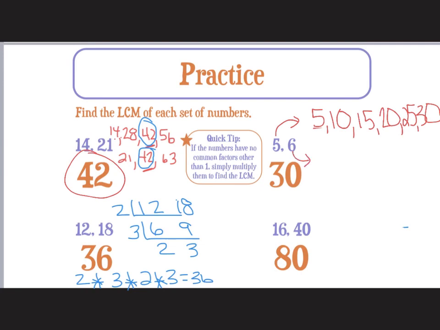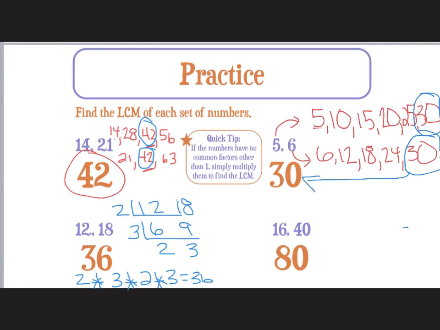And then 6. 6 times 1 is 6. 6 times 2 is 12. 6 times 3 is 18. 6 times 4 is 24. 6 times 5 is 30. So, boom. I'll go ahead and stop there because I have 30 here and 30 here. So that is my least common multiple.